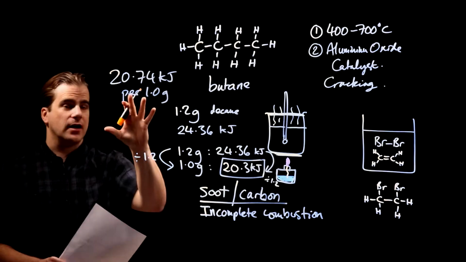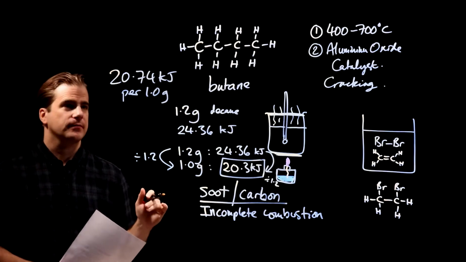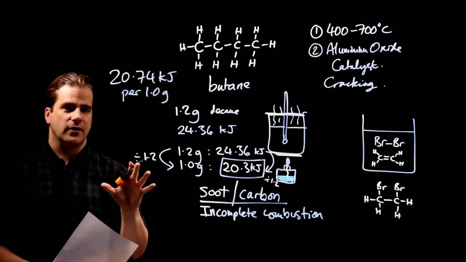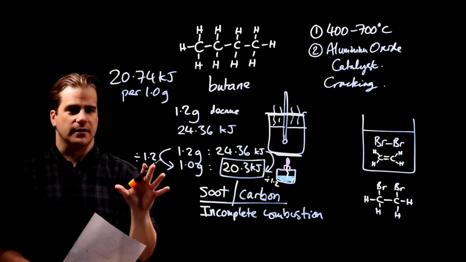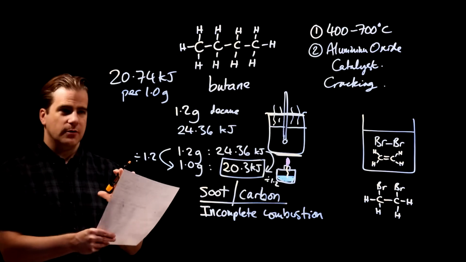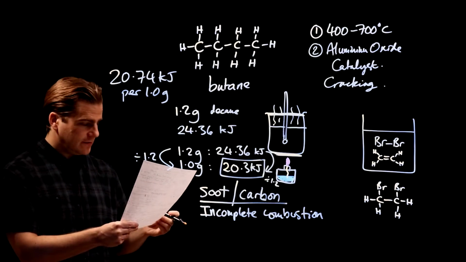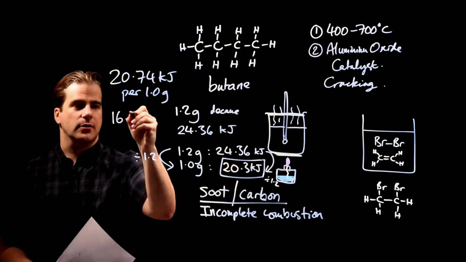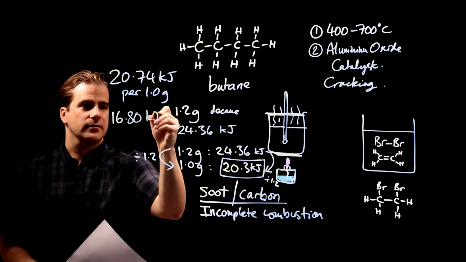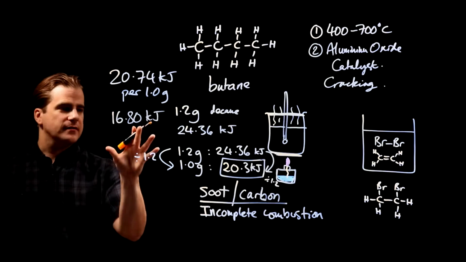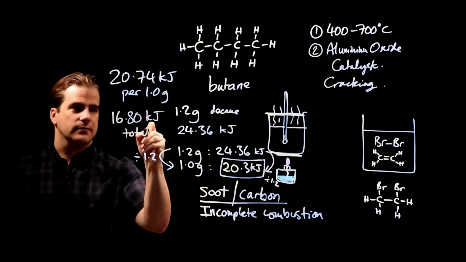Okay? That's the largest of all of the fuels listed. I think they're trying to trip you up slightly because the column for total energy release actually has the smallest number, which is 16.80 kilojoules. But that's total energy.